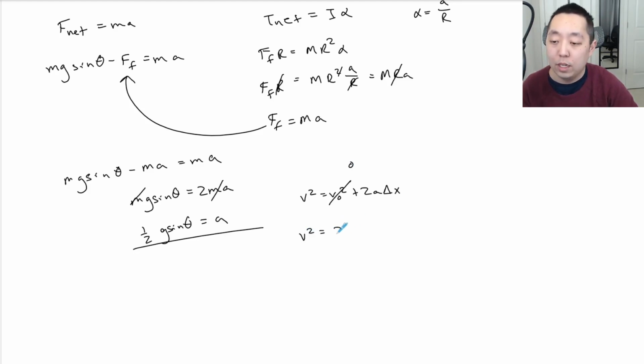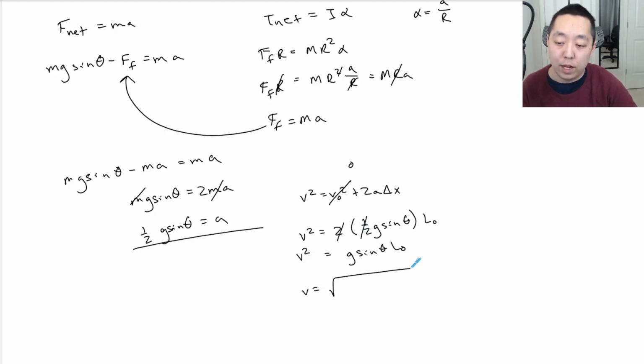So V squared is 2 times 1/2 g sine theta times the displacement, which we said was L0. And that is equal to g sine theta L0 because the 2 and the 1/2 cancel. So what is its translational velocity? It's the square root of g sine theta L0, but we said sine theta L0 is actually equal to h, so we're just going to call this the square root of gh.